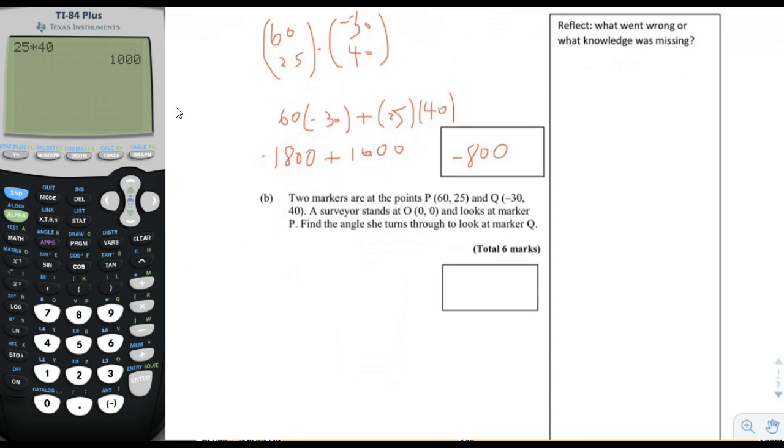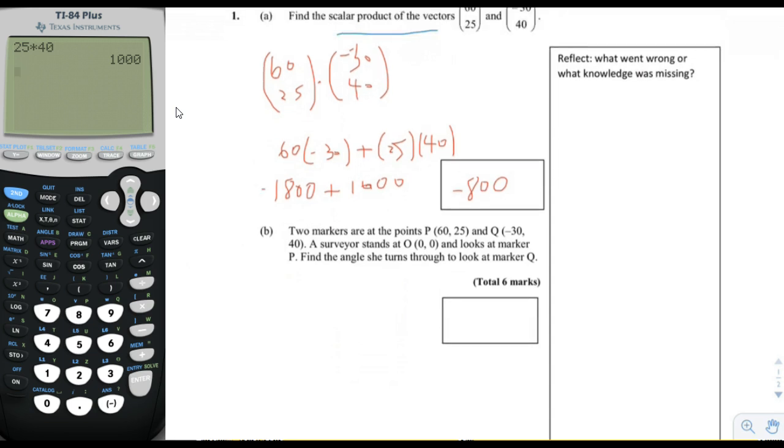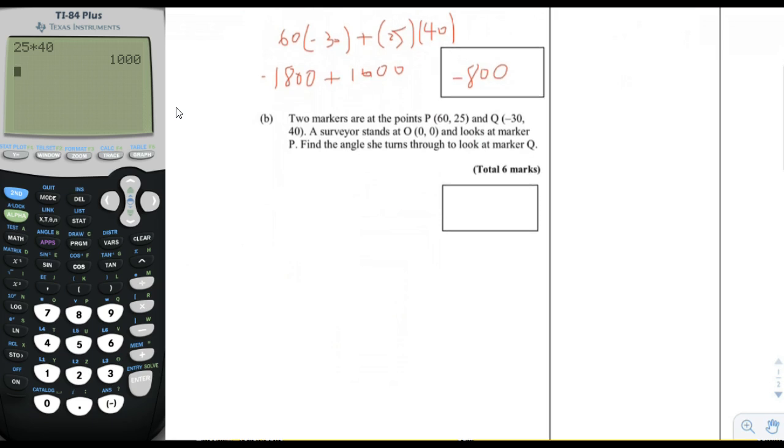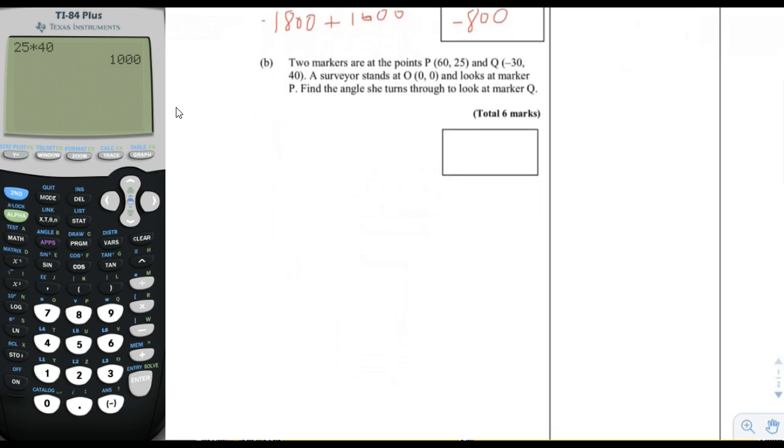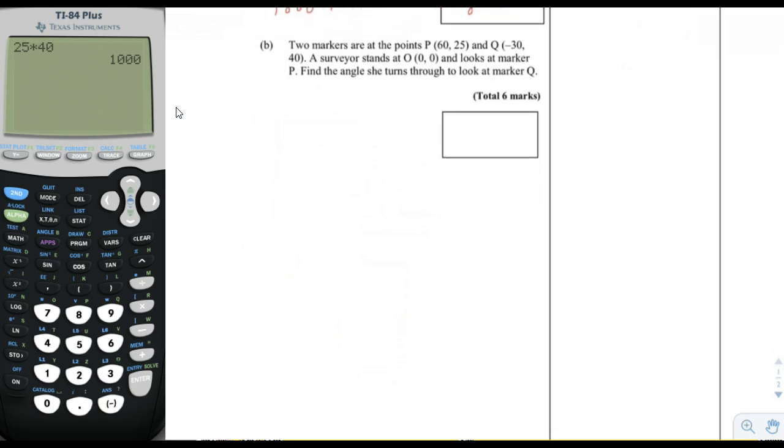Two markers are at the points 60, 25 and negative 30, 40. A surveyor stands at the origin 0, 0 and looks at the marker P. So let's draw an approximate sketch of that. Let's say that's about 60 and 25, so this would be point P. And then the second marker would be at point Q, at negative 30, 40.